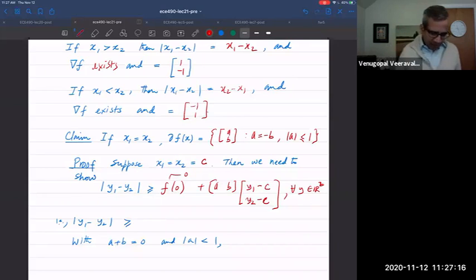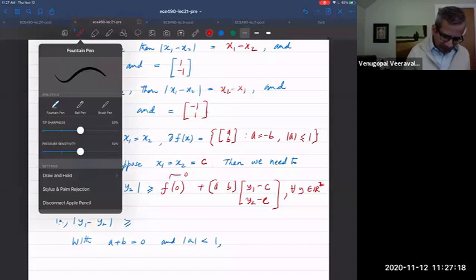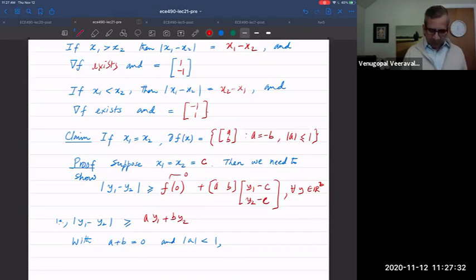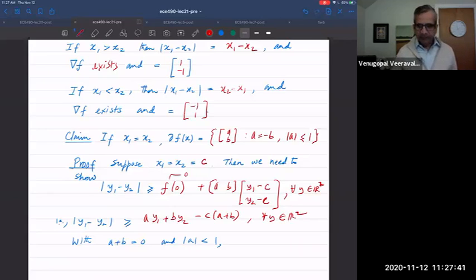Okay, so let's rewrite the right-hand side here. This is 0, so I don't have to worry about that. Then I have A y1 plus B y2, and then the constant is just c times (A plus B). I need to show this for all y belonging to R2. But if A equals minus B, then A plus B is 0, so this goes away.